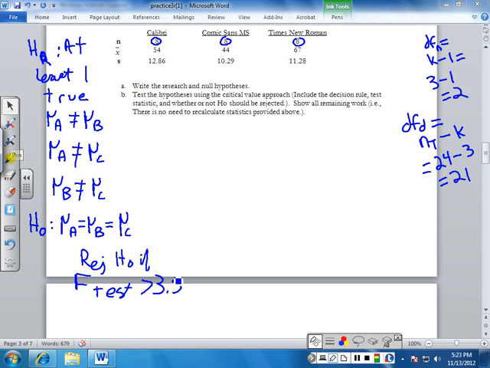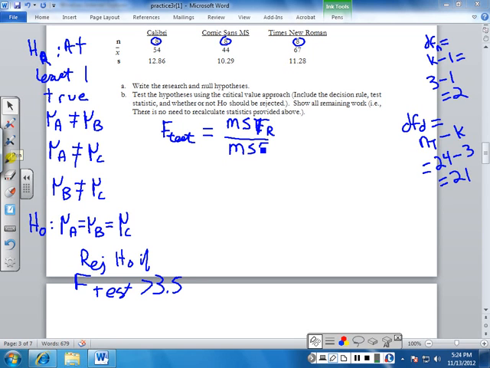The F test is going to equal MSE, mean squared error. I'm sorry, mean squared treatment. So that should be MSTR, sorry about that, divided by MSE.